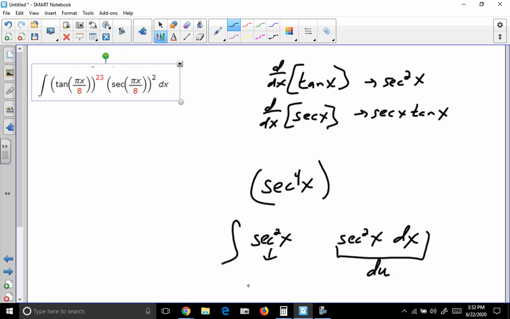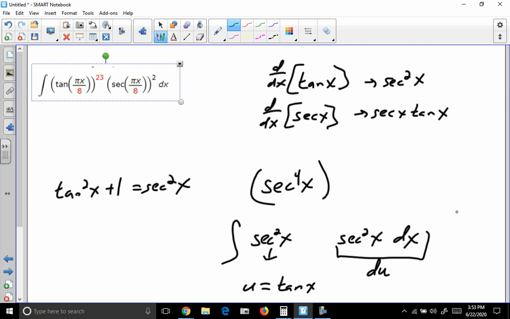Why to tangents? If u is tangent, then the derivative of tangent is secant squared, so that would be du. So even amount of secants, we're going to keep an even amount, change the rest to tangents. And how do we do that? One is secant squared.